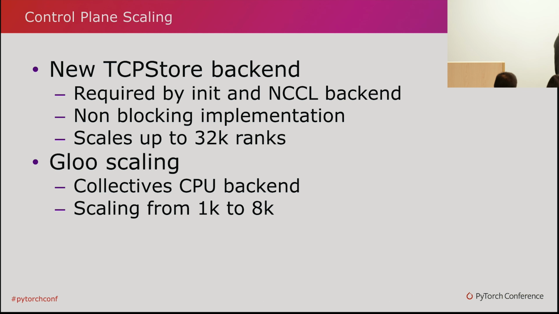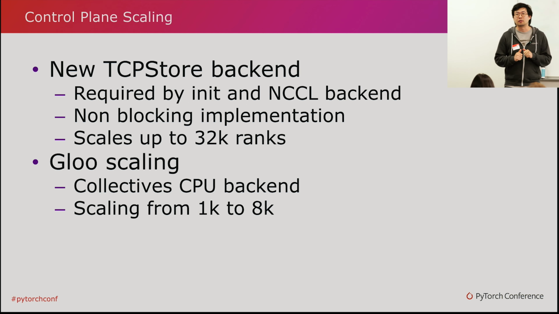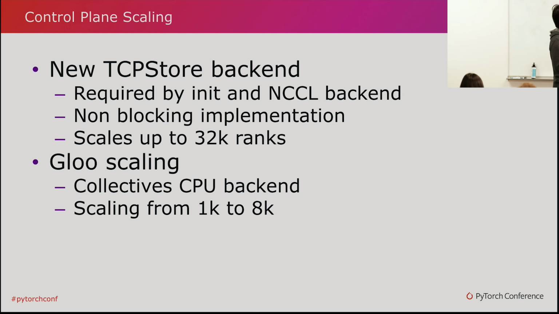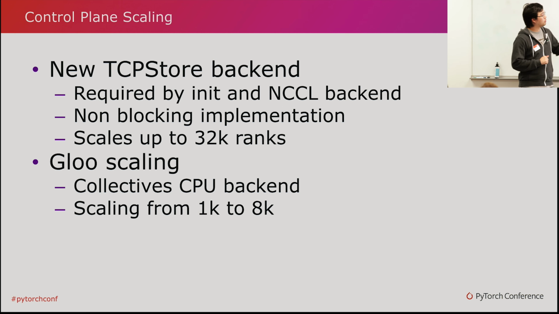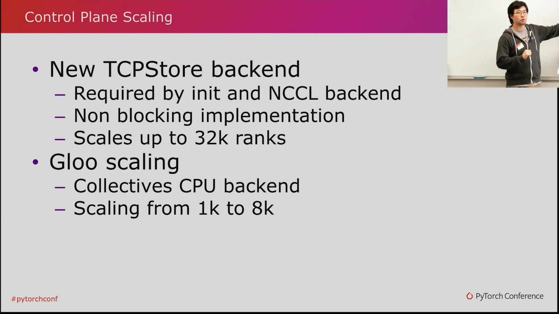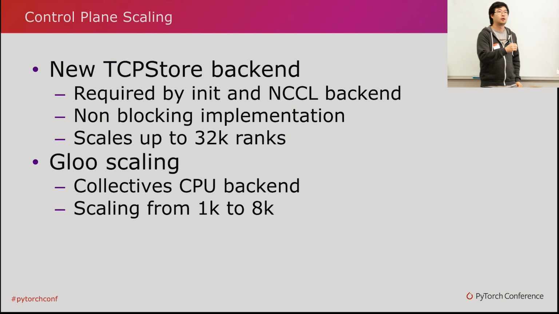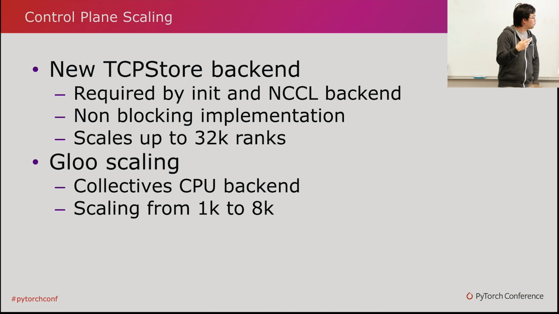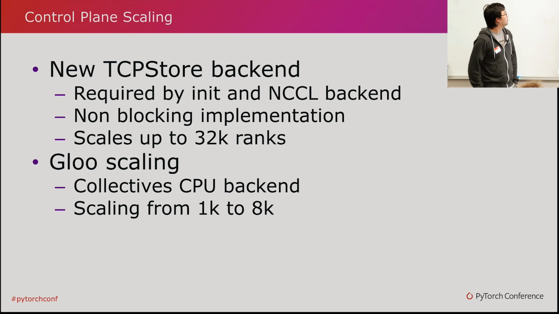So for the communication backend, there are two critical components. The first is called TCPStore, and the second is called ProcessGroup, and Gloo is one of the backends of ProcessGroup. You can implement your own backend for your custom device hardware.